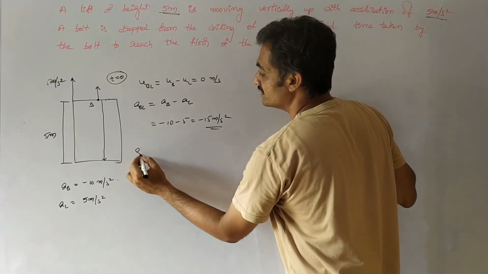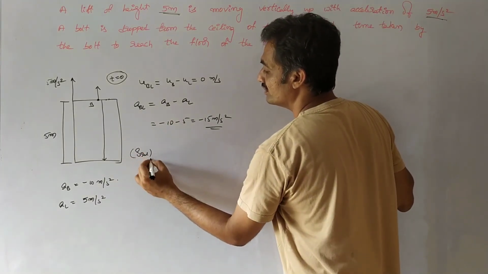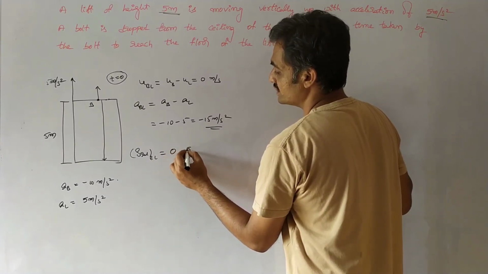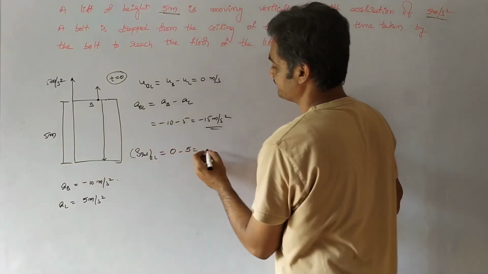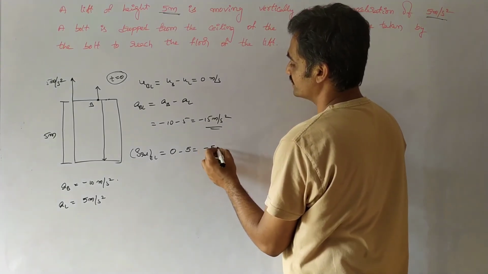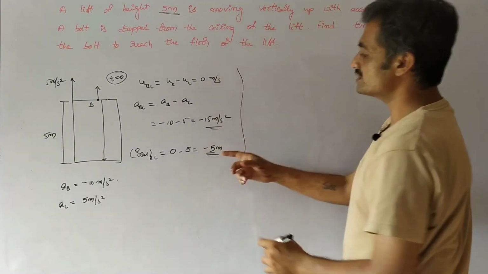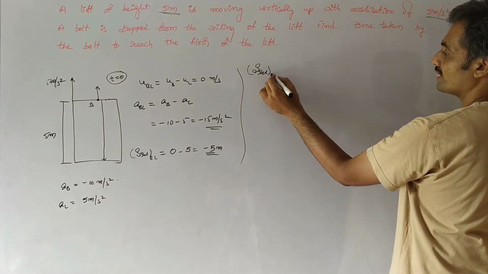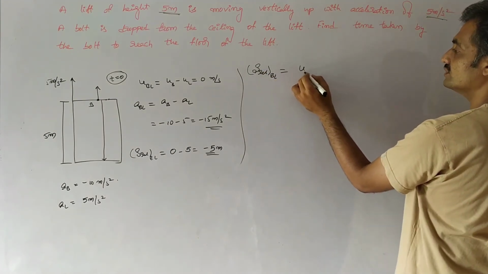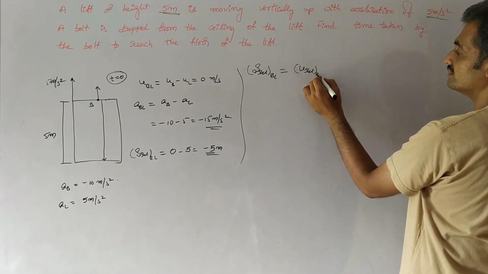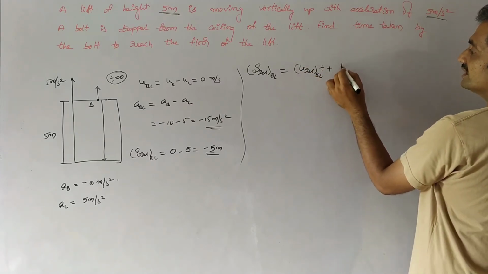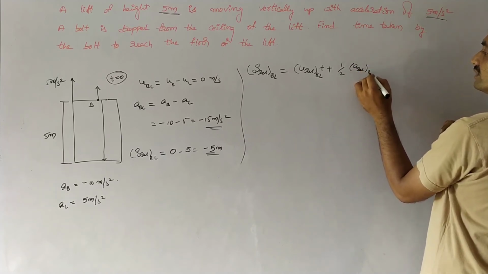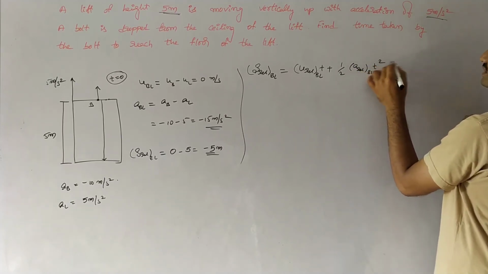The relative displacement between the bolt and the lift is final position minus initial position. Because the lift is 5 meters high, we get minus 5 meters. Substituting all these values in the equation, s relative of bolt with respect to lift equals u relative of bolt with respect to lift into time plus 1 by 2 into acceleration relative of bolt with respect to lift into t square.